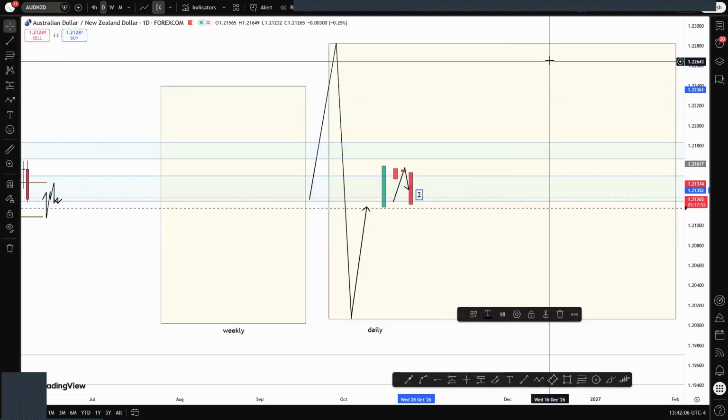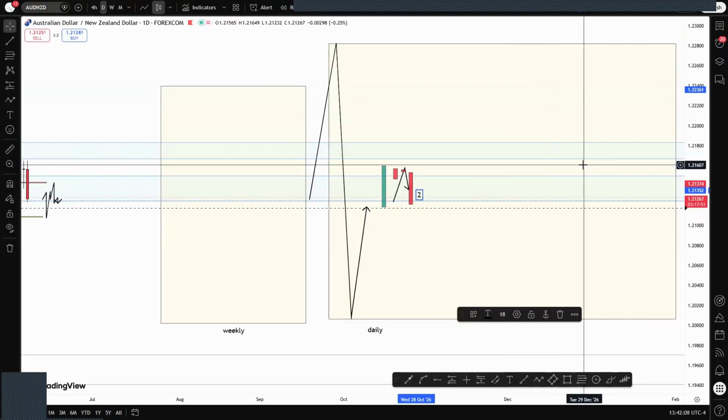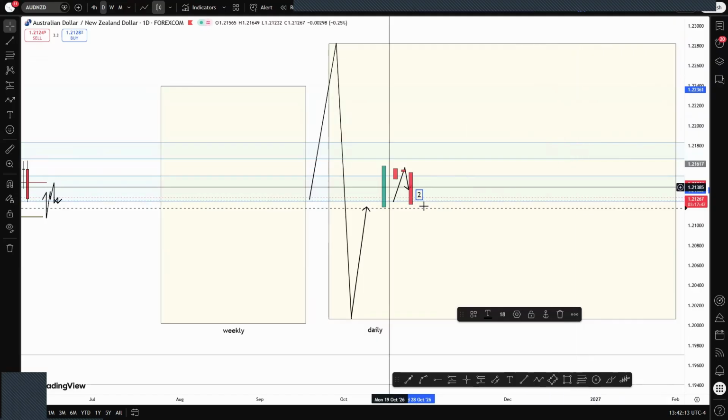Now I'm back. What I was trying to say is, since we have now completed the daily time frame, we can now switch to the 4 hour time frame.